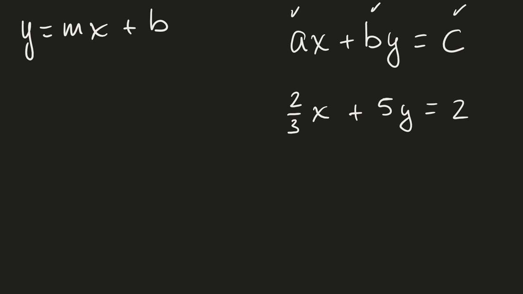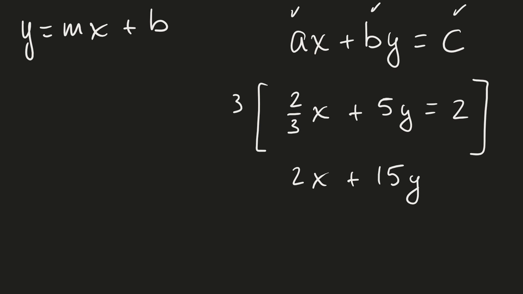If I multiply both sides by the number 3, if every single term on both sides is multiplied by 3, this would become 2x plus 15y equals 6. So you can see I can take an equation, and if I've got fractions and I want to get rid of them, I can do that.